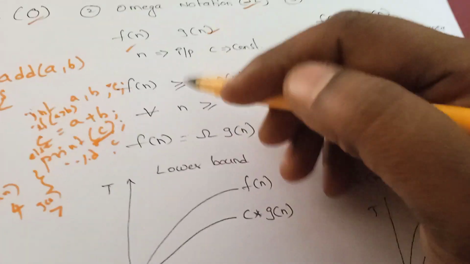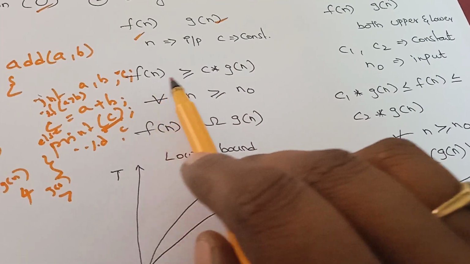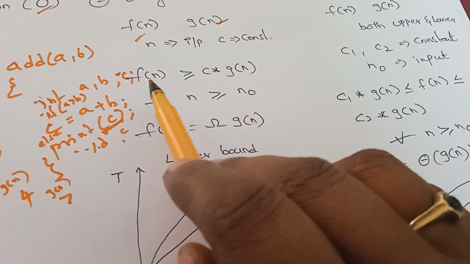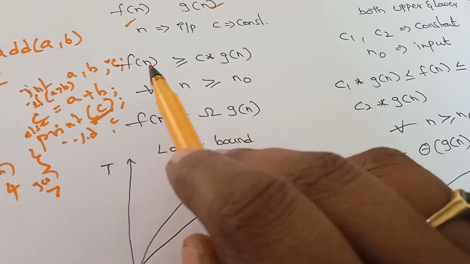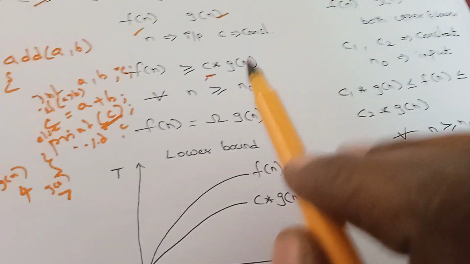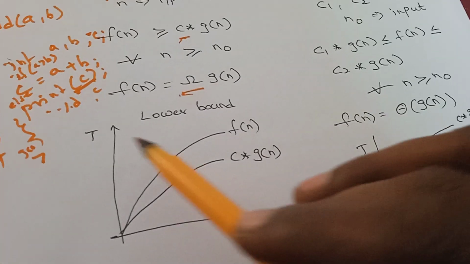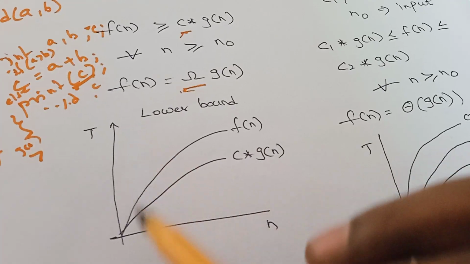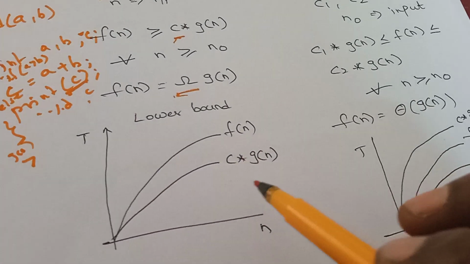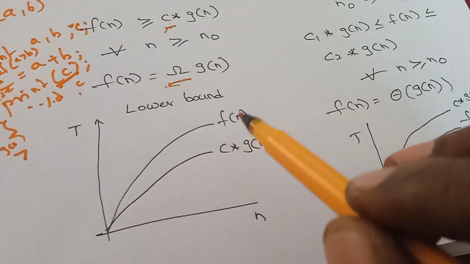So in that way we will take omega notation. The relation of the two functions is f of n greater than or equal to c into g of n, where c denotes a constant. In the pictorial representation, c into g of n will be the lower bound of f of n.